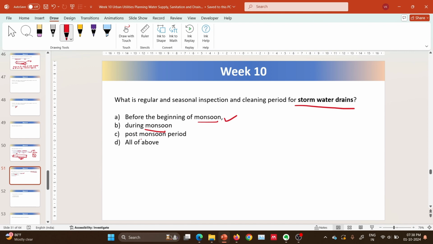And post monsoon we also need to clean the drains so that during the next monsoon we need not clean it much. So we need to clean it for all the three periods.